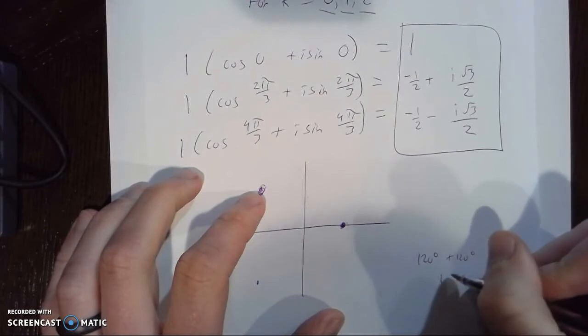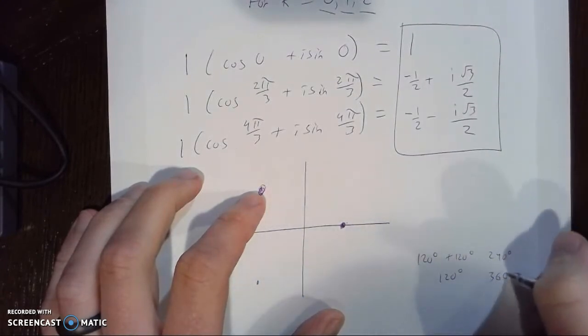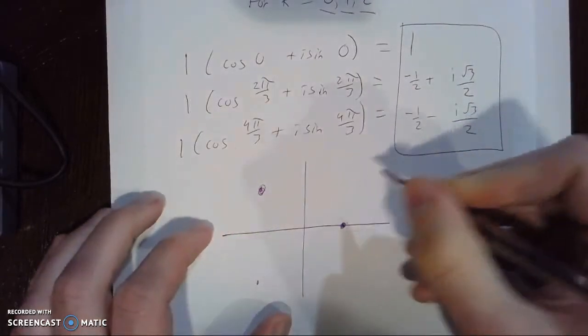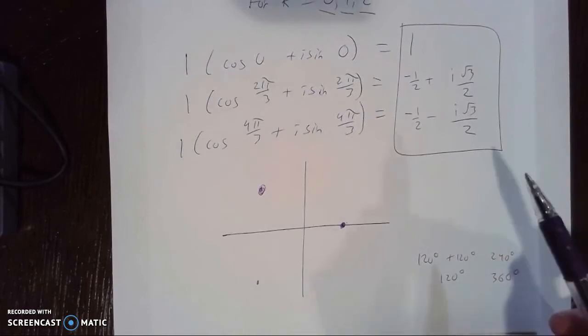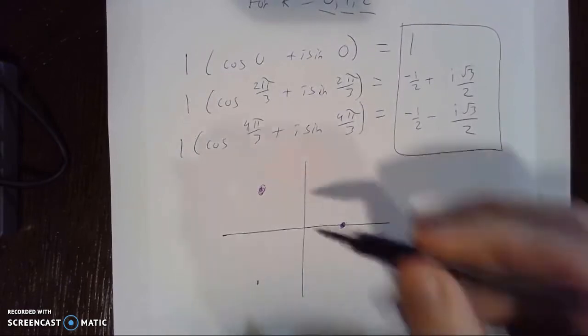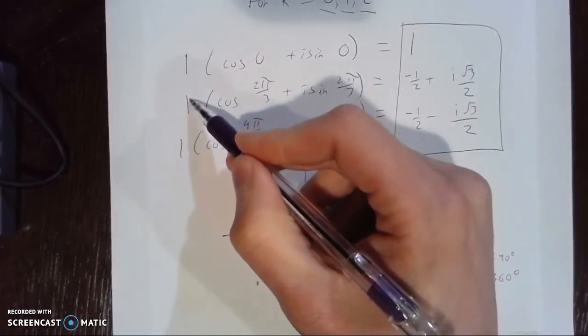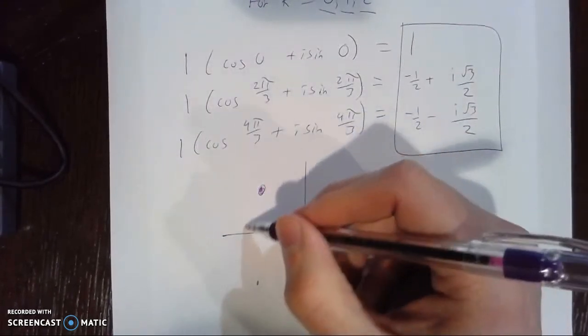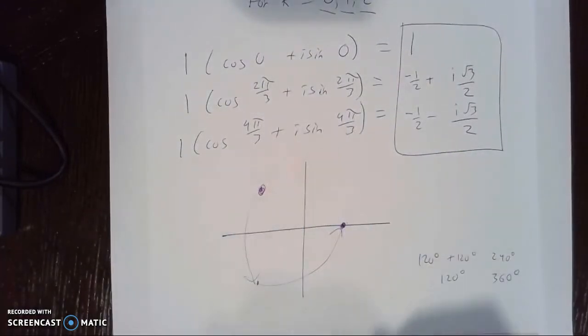Then we're going to multiply again, which will be adding another 120 degrees. We're going to end up at 360 degrees, or 2 pi, right? If you take 2 pi over 3 and add, you're at 4 pi over 3. Add another 2 pi over 3, you're at 6 pi over 3. That's 2 pi. So basically what happens, and this modulus, again, is 1, so when we multiply it, we're just going to move from here to here. And then we're going to move from here to here.